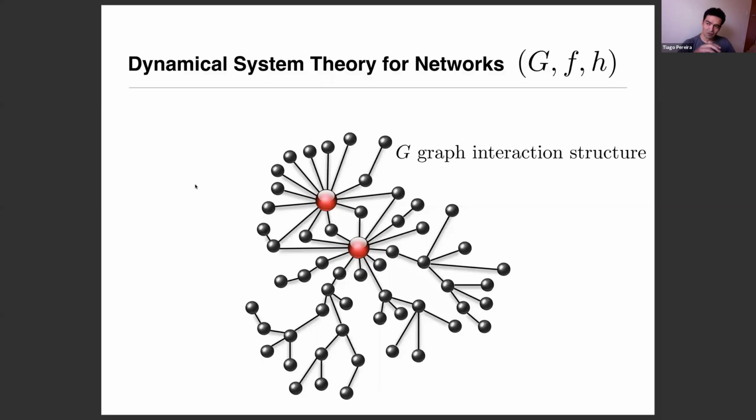And finally, to complete this triple, I have a graph telling who is friends with whom. So given this triple, I want to understand the dynamics.